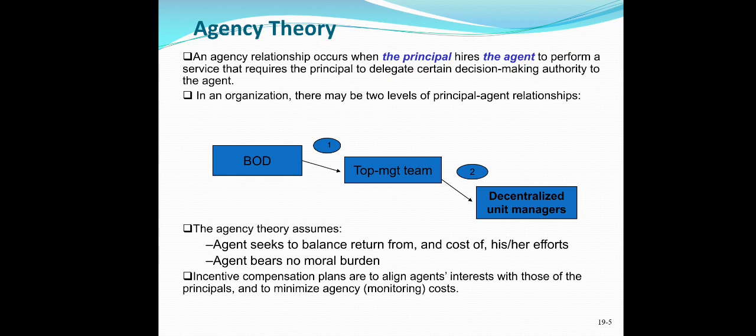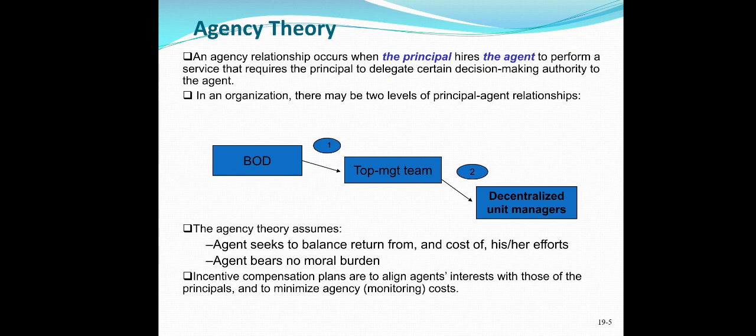Shareholders appoint directors, and these directors work in a team called the board of directors. So basically, these directors are the owners of the business. But the directors, most of the time, do not manage the business.